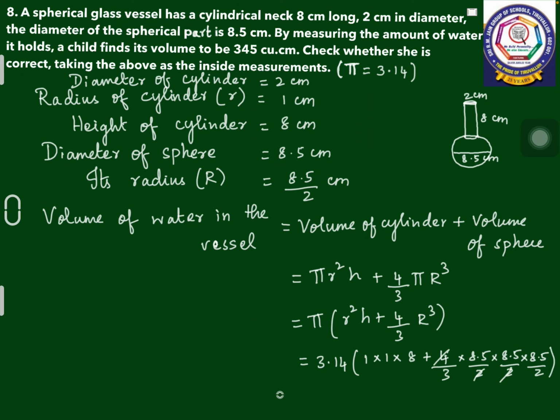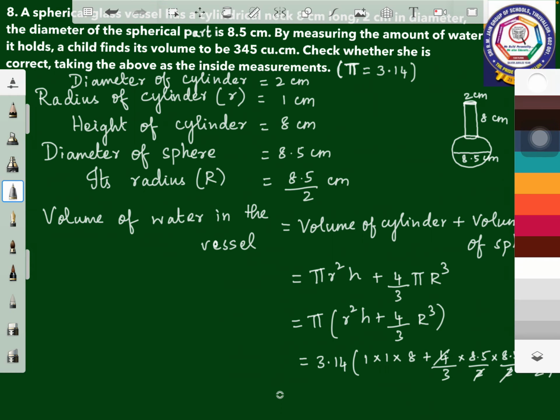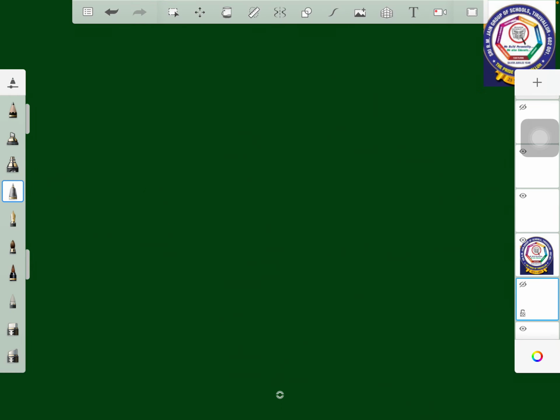So I have to multiply 8.5 into 8.5 into 8.5 and divide by 6. So 3.14 into 1 into 1 into 8 is 8, plus 8.5 into 8.5 into 8.5.